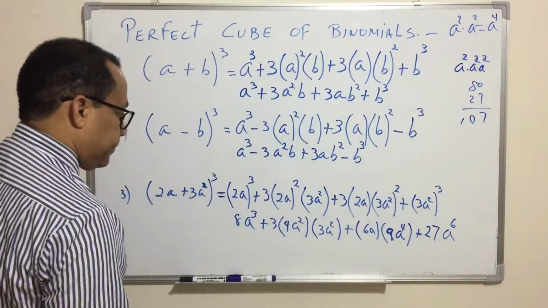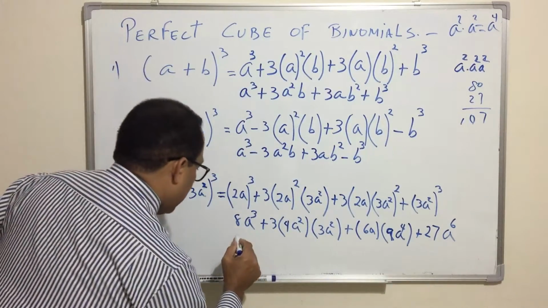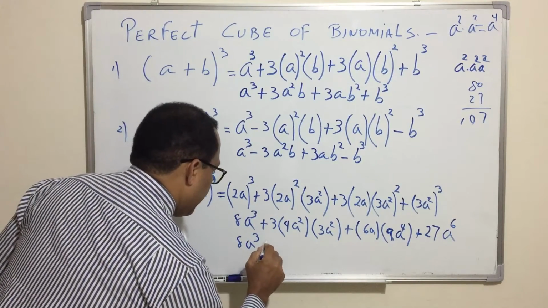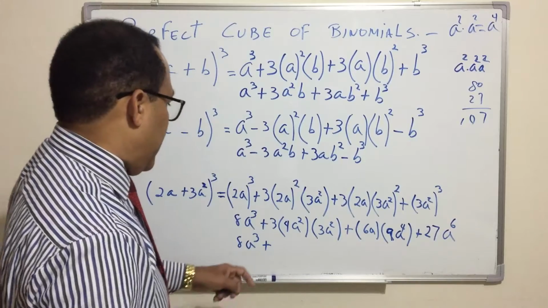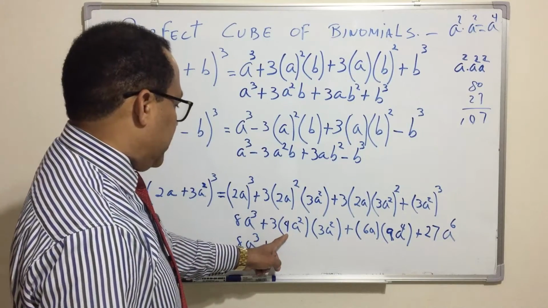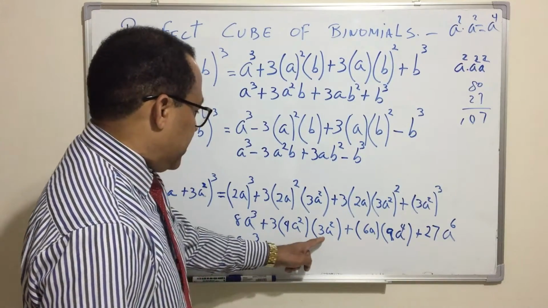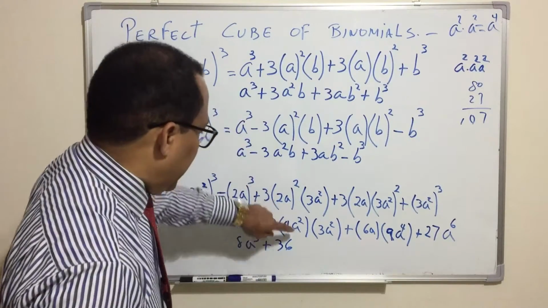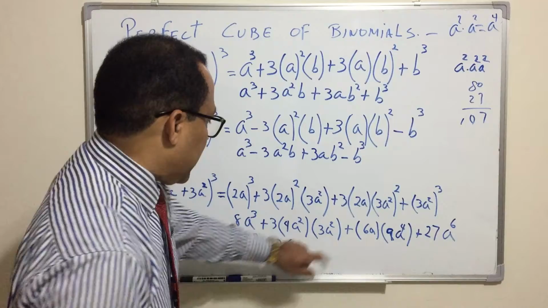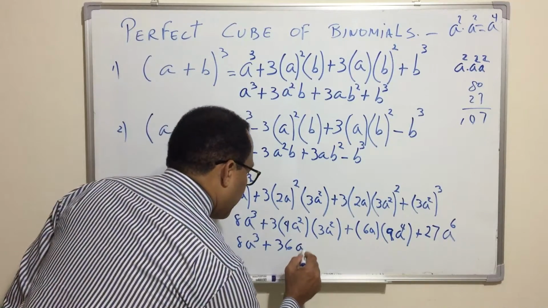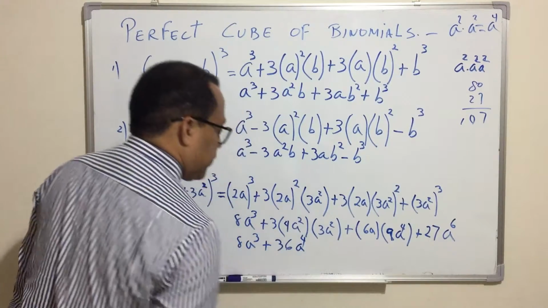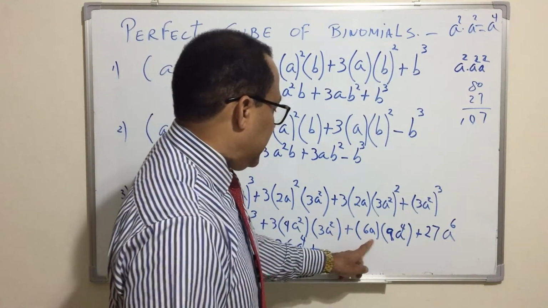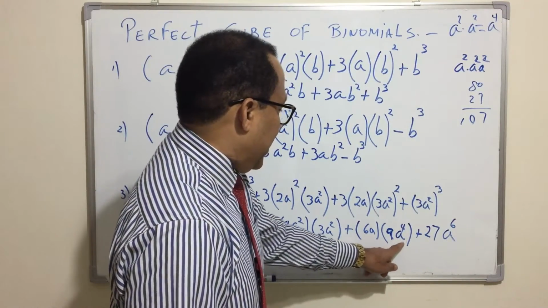Let's solve this. Bring down the a to the third power, plus 3 times 4 is 12. 12 times 3 equals 36. A to the second times a to the second is a to the fourth power, because 2 plus 2 is 4, plus 6a times 9a to the fourth.